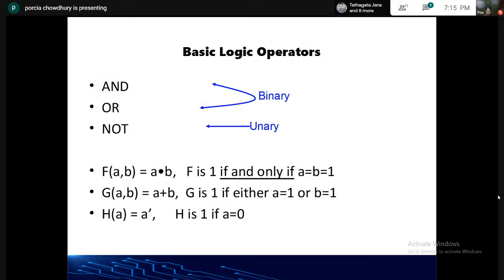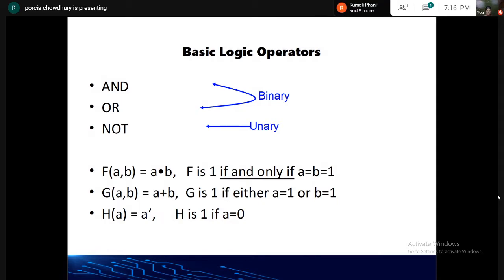Suppose both A and B observe the value 0, so the output will be 0. If A is 0, B is 1, then again output 0. If A is 1, B is 0, then again output 0. And only when both A and B observe the value 1, then we will find the output 1.